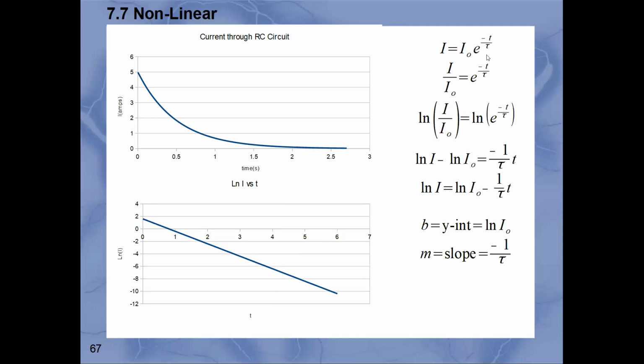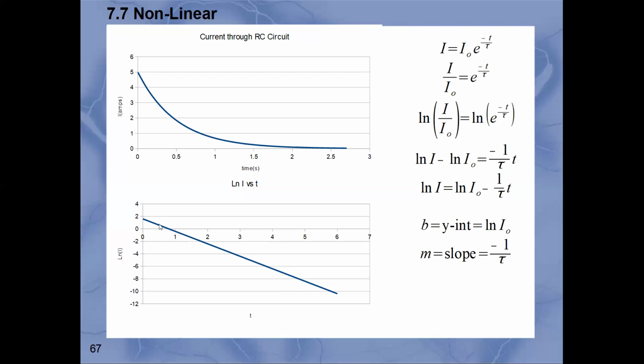So what we're doing mathematically is dividing both sides by the initial current, that's what I naught is, and taking the natural log of both sides. This gives us, if you remember this from math, the natural log of A over B equals the natural log of A minus the natural log of B. So then we can set this up and we note that this becomes a straight line.